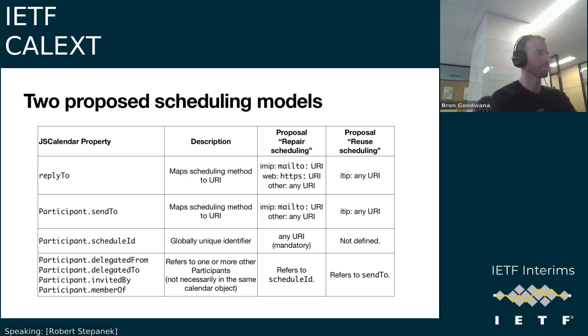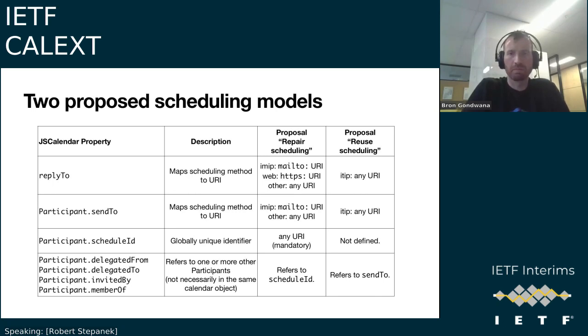And this just goes into more detail on what I said before. We see we have multiple scheduling methods, and we have a scheduling ID. I don't think I need to go much into detail because of the people in this call. I think they all know this model more or less. And the other one, the reuse scheduling, is even simpler.